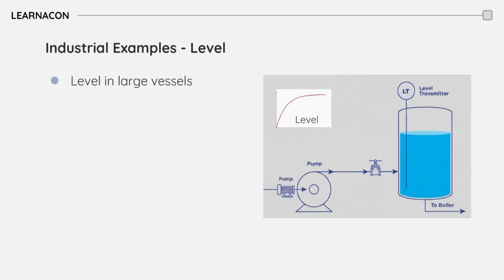The higher the water level gets, the slower it continues to rise. Even though the pump feeds water at a constant rate, the net gain decreases over time. Eventually, the system reaches a steady state where the inflow and outflow match exactly and the level stops changing. In simple terms, the tank behaves like a leaky bucket. It fills rapidly at first, but as the leak grows stronger with the rising water pressure, the filling slows until it finally levels off.